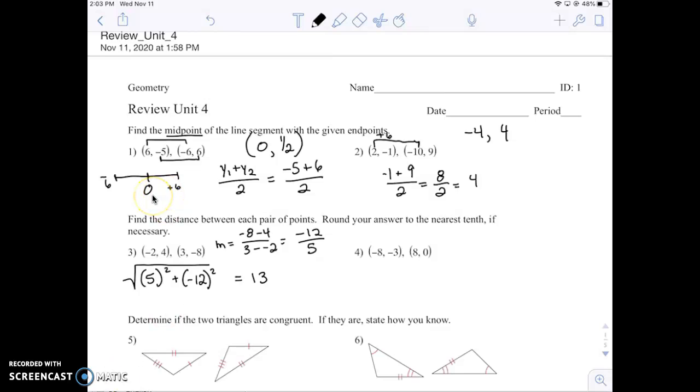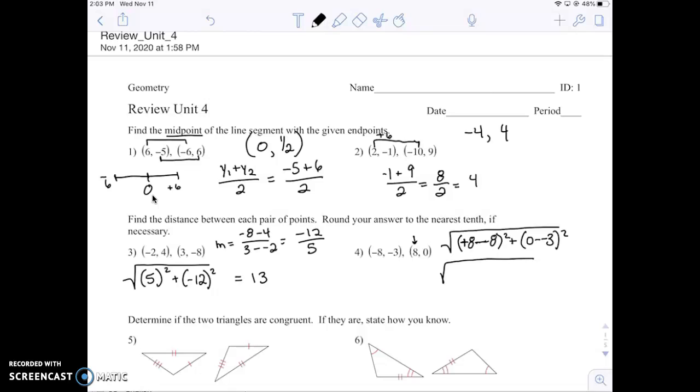Now, if you don't want to do the slope first, if you just want to do it this way, well, it's kind of the same thing. It's x2 minus x1 squared plus y2 minus y1 squared. Yeah, because x2 is positive. So what have we got?